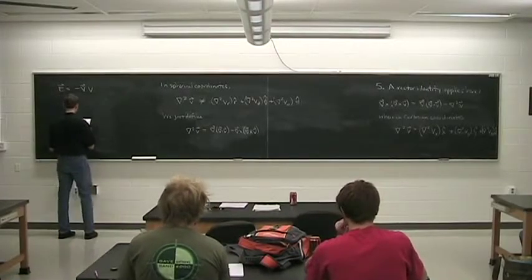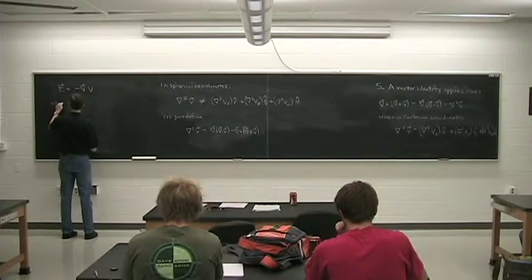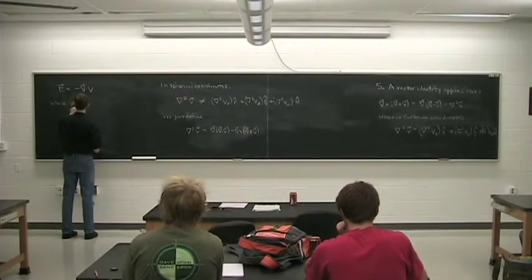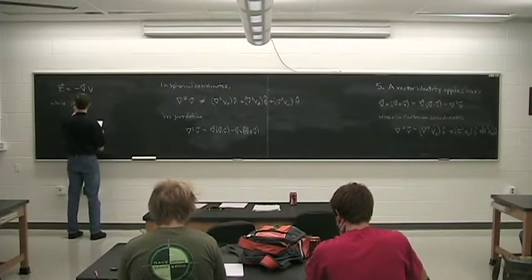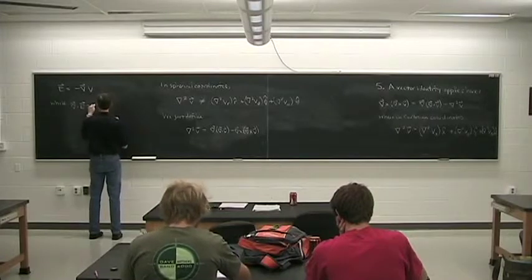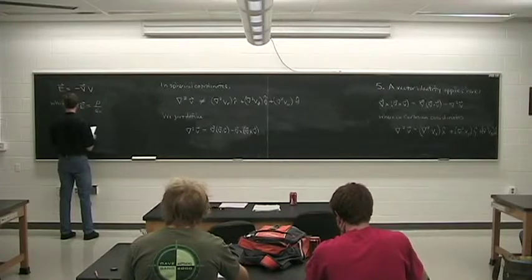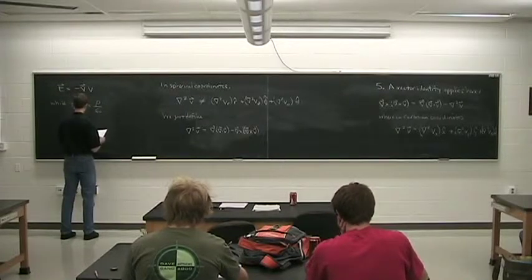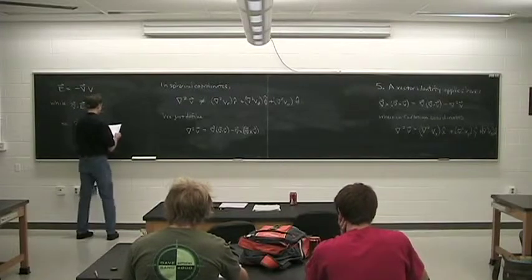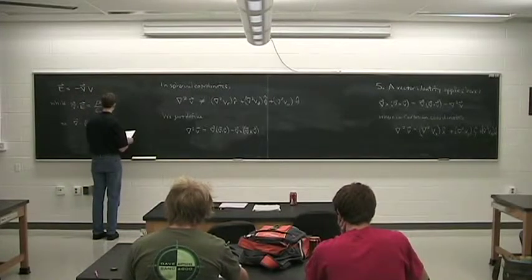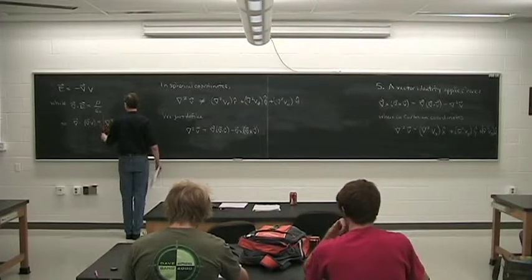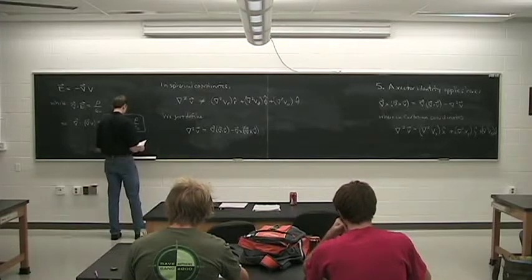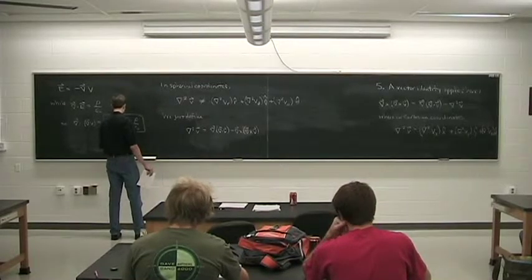And we know that Gauss's law in differential form is that the divergence of E is equal to rho over epsilon naught. So the divergence of the gradient of V, which is grad squared V, is equal to minus rho over epsilon naught. And this is known as Poisson's equation.